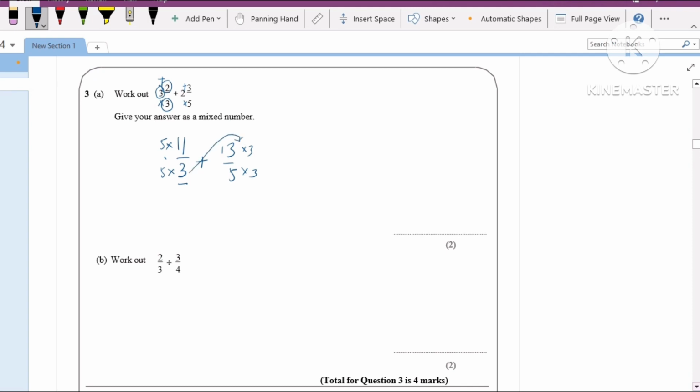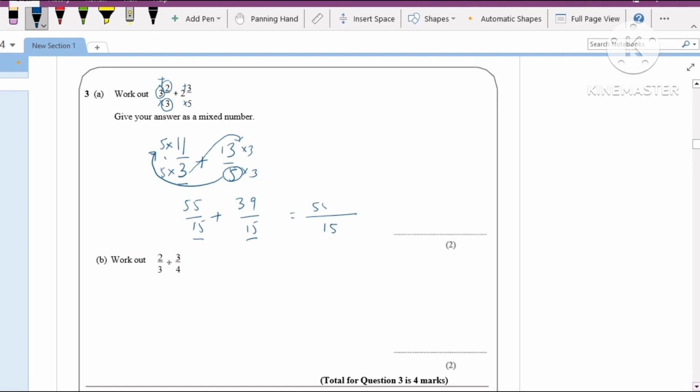Here the denominator is 5, you will multiply these two numbers by 5. So this becomes 11 5s are 55, 5 3s are 15, plus 13 3s are 39, plus 5 3s are 15. So basically this was our target, to write the denominators as equal numbers.